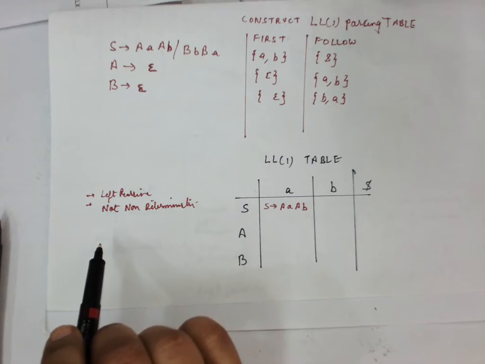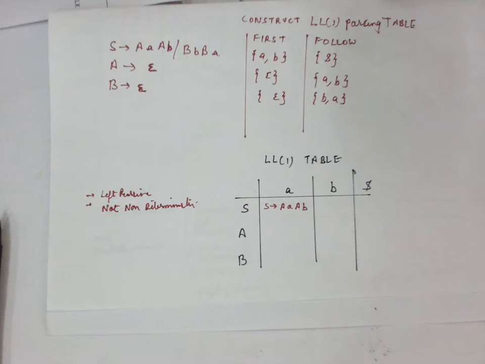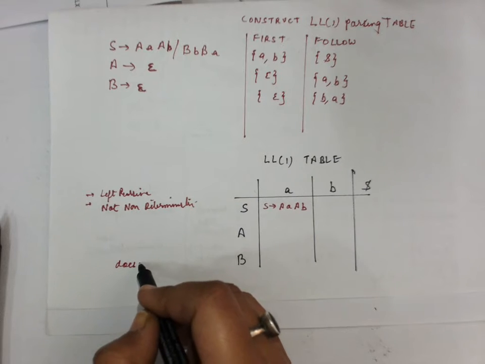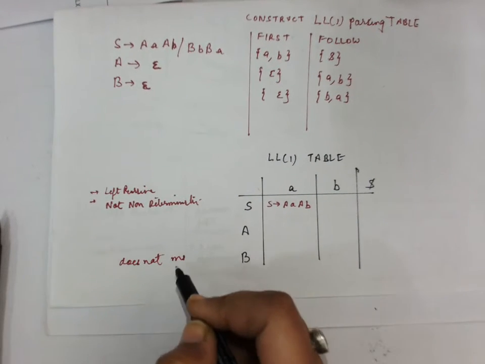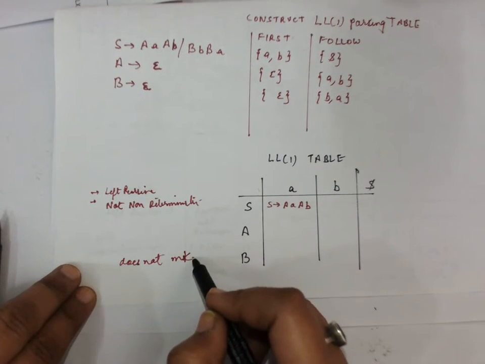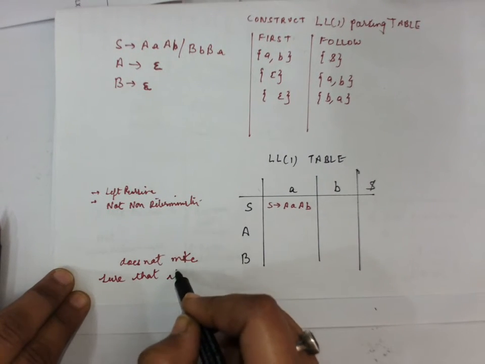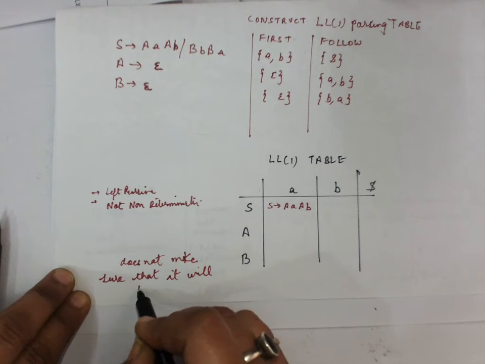Even if sometimes we have a grammar that is not left recursive, it is right recursive, or it is also deterministic, then also it may happen that there are some grammars that do not make sure that it will be LL1.